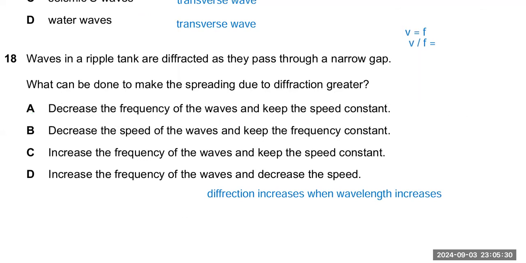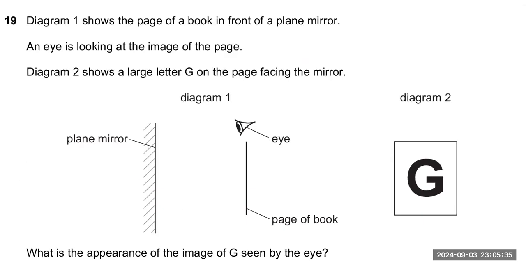Next question is, diagram one shows the page of a book in front of a plane mirror, and an eye is looking at the image of the page. Diagram two shows a large letter G on the page facing the mirror.